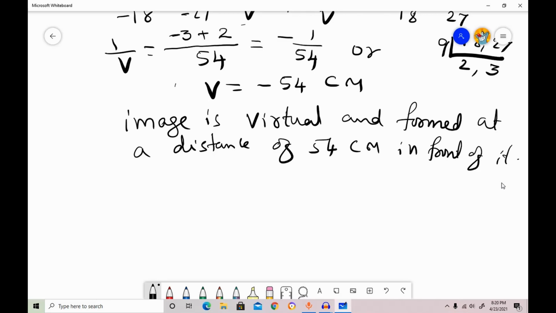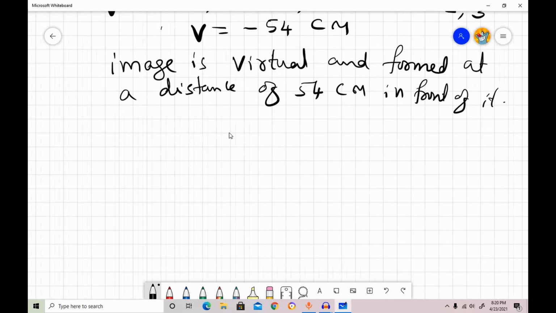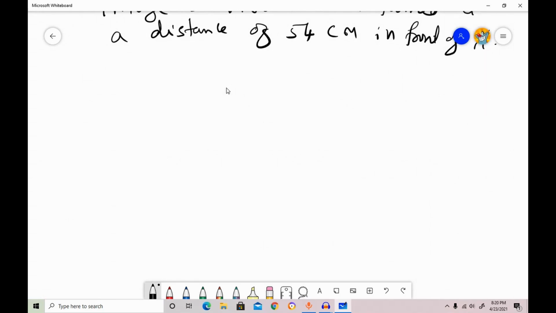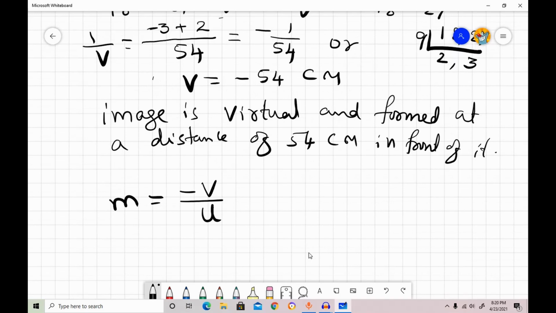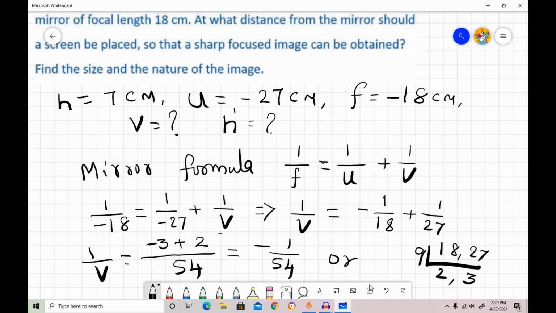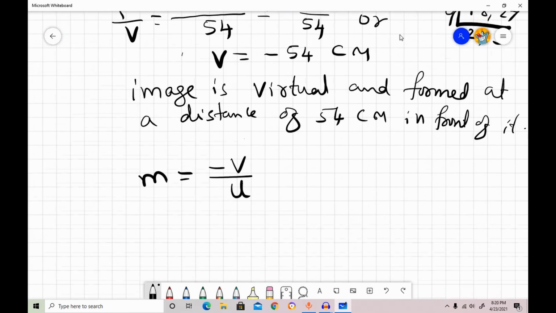Okay, so now you have to find out the size of the image. Just recall the magnification formula: m equals minus v by u. So what is v? Now only you will find out here, minus 54. And u is minus 27.